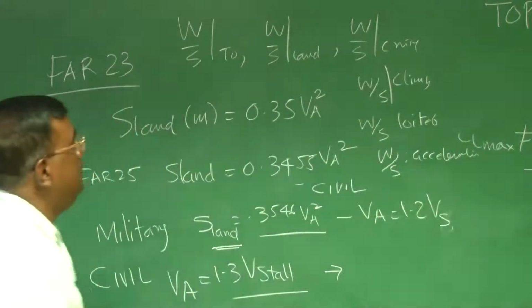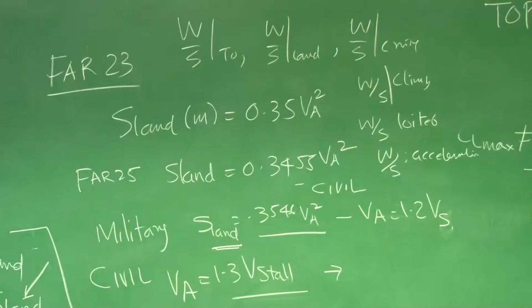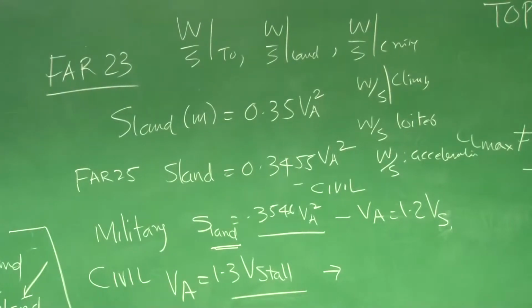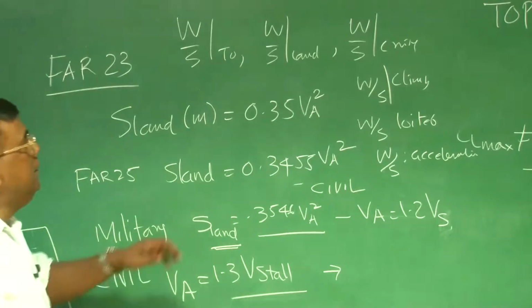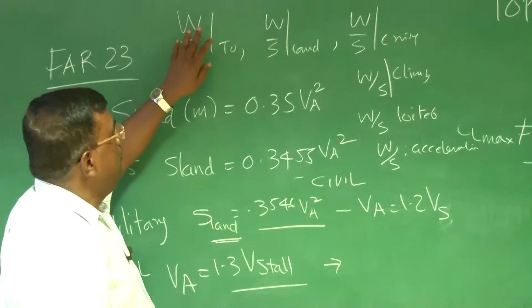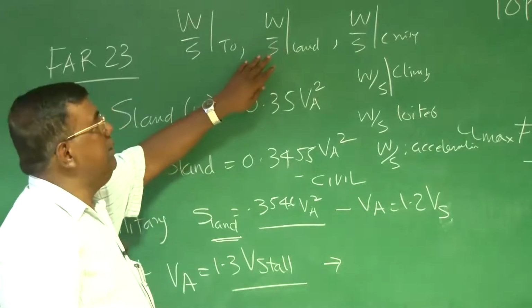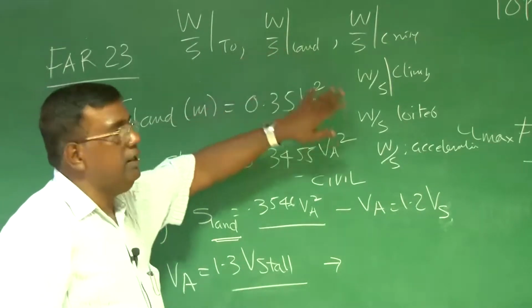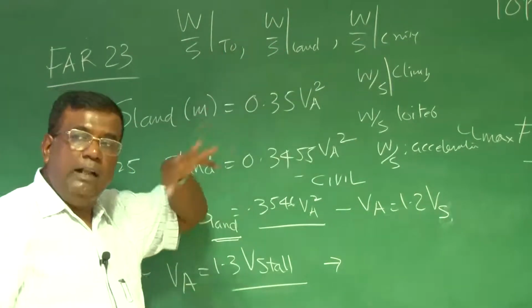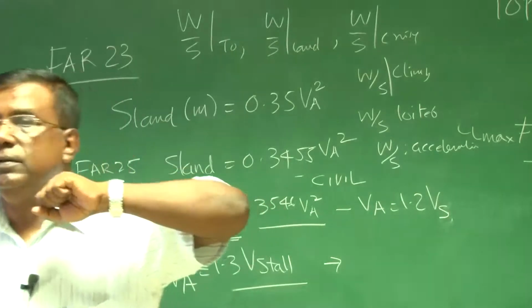You will find that to meet all these requirements, you will have different wing loadings. The challenge would be which one should I pick? Because if I pick any one of them, it may satisfy that condition, it may not satisfy other conditions. So that is where the design optimization becomes important.